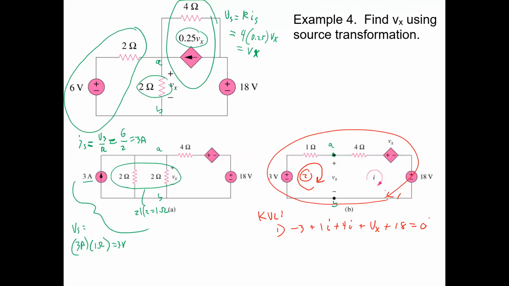But you have two unknowns in that equation, I and Vx, so you can't really solve for that yet. But if you did the second loop, you could say, well, also -3 plus 1 times I plus Vx equals 0. And you can solve those two for I and Vx and find the answer.